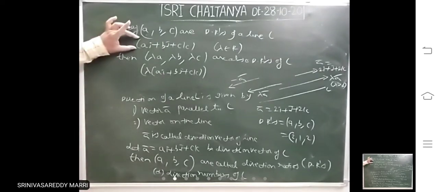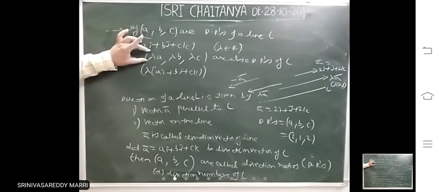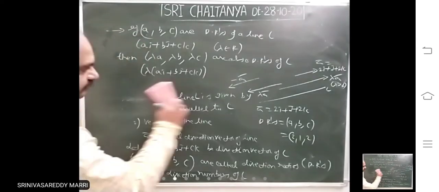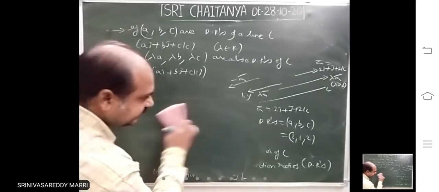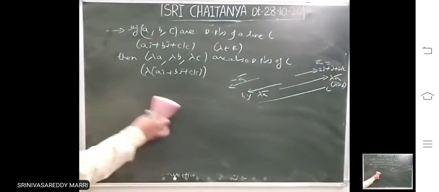First calculate one vector A, B, C. Then multiply with lambda, any constant of your choice. Then those are also called DRs of that line, because it is nothing but its collinear vector. It will also show the direction of that line.